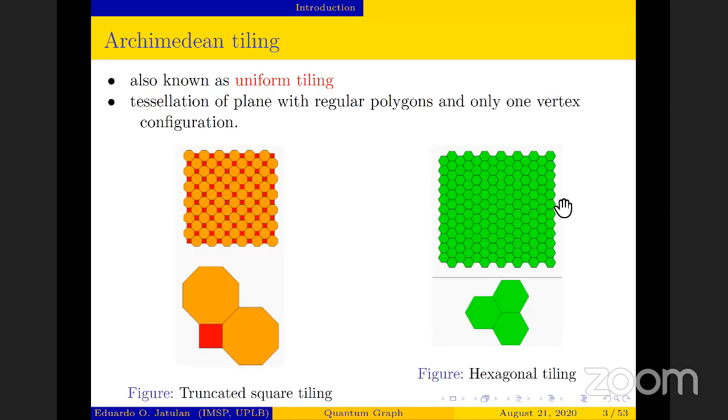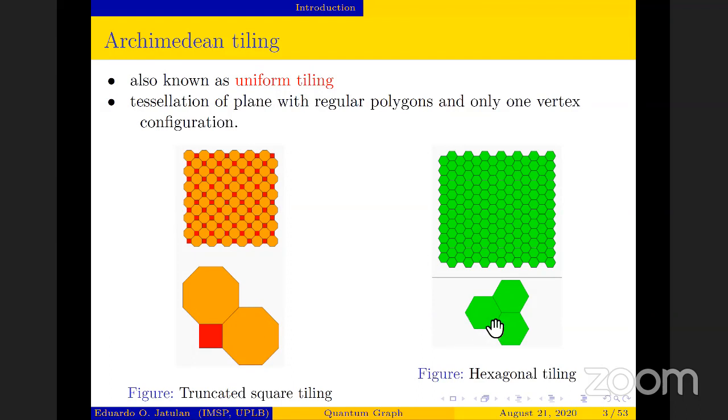In a plane, we tessellate using regular polygons such that in one vertex we only have a uniform arrangement of polygons around it. For example, in this case, we have two octagons and one square, and then we can cover the whole plane just using this configuration. For each vertex, we only have this configuration.